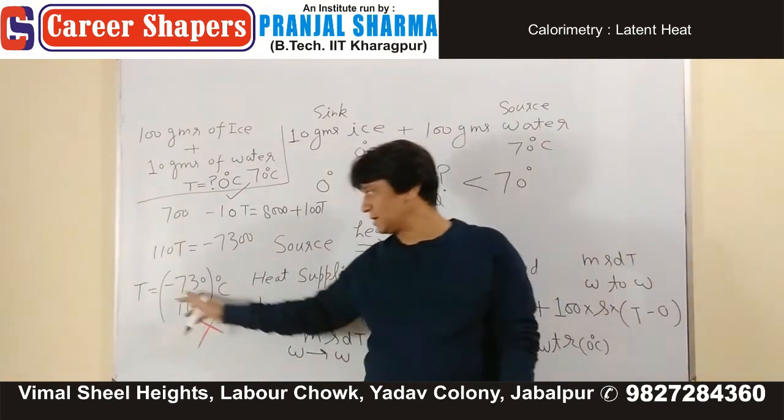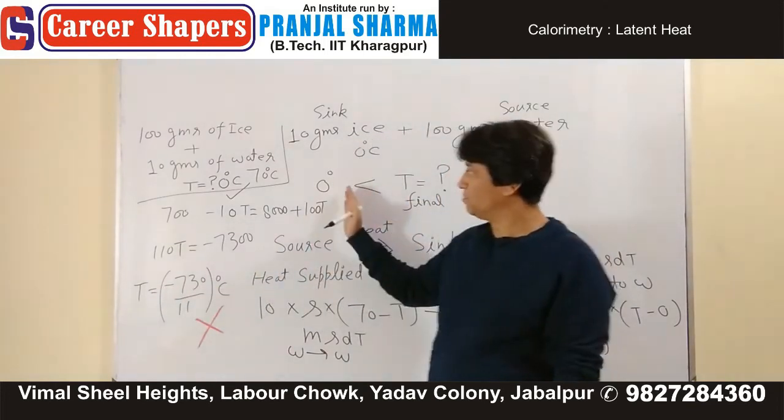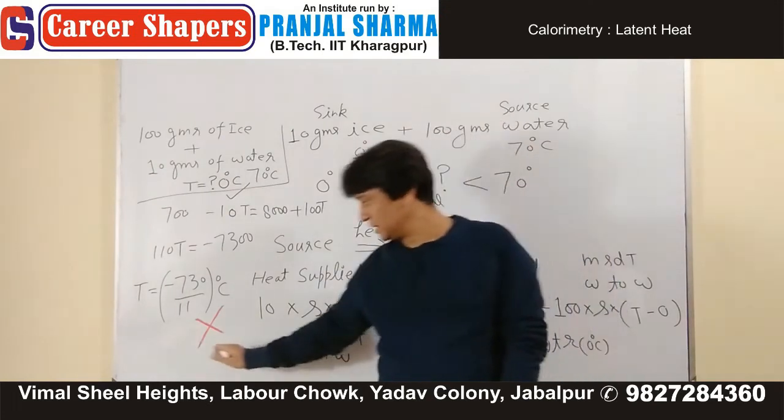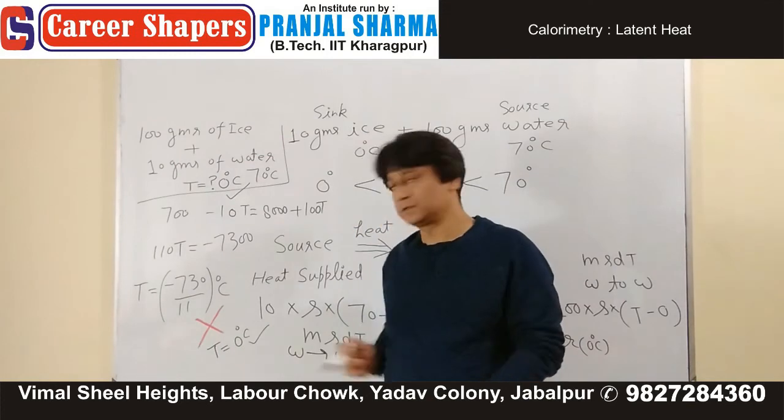Now this is one of the good approaches for something like this. Once you get T negative, that means below 0, you will say that T therefore is 0 degrees Celsius.